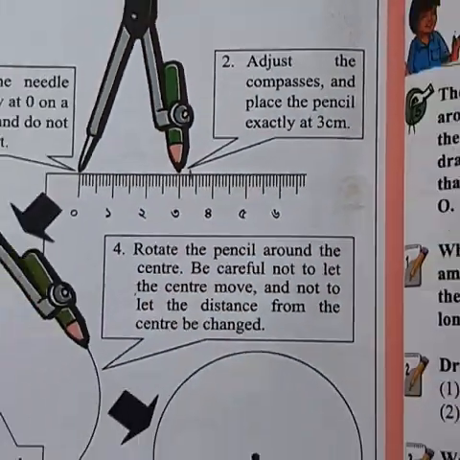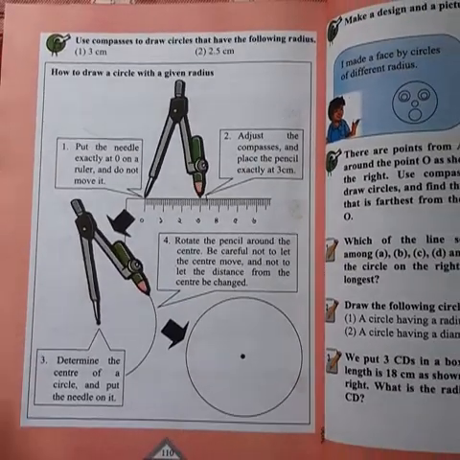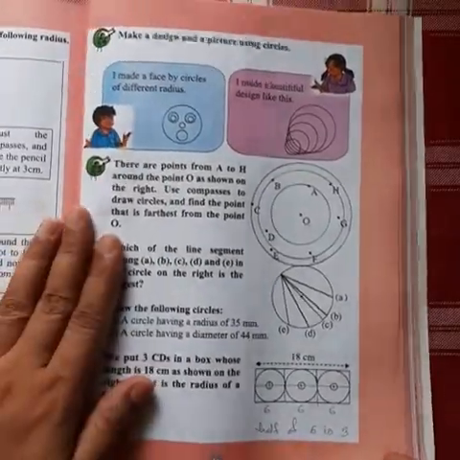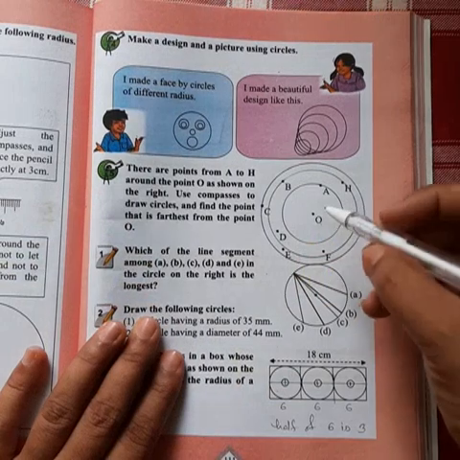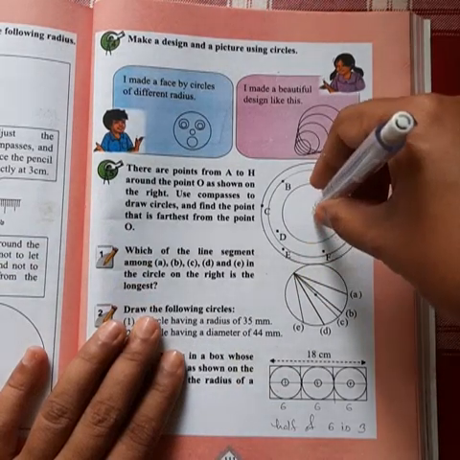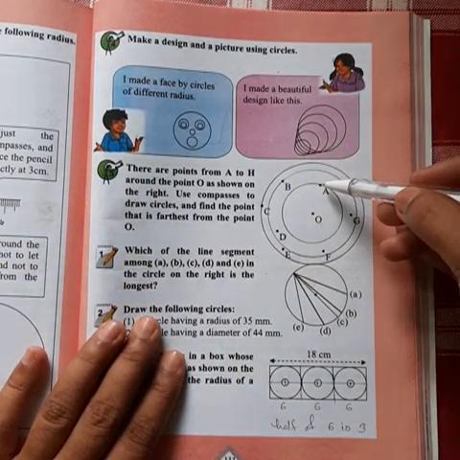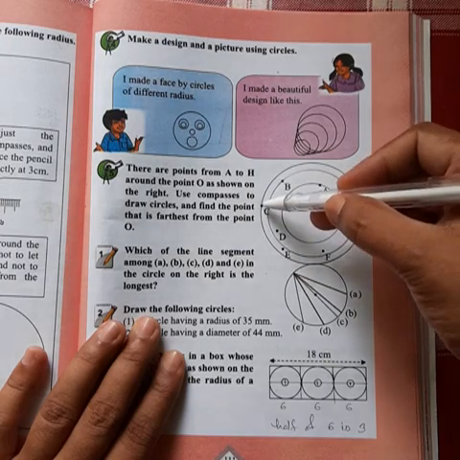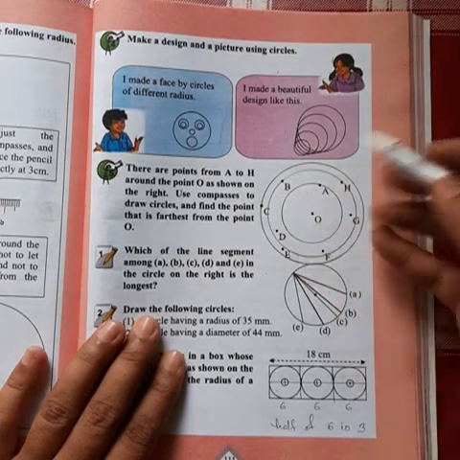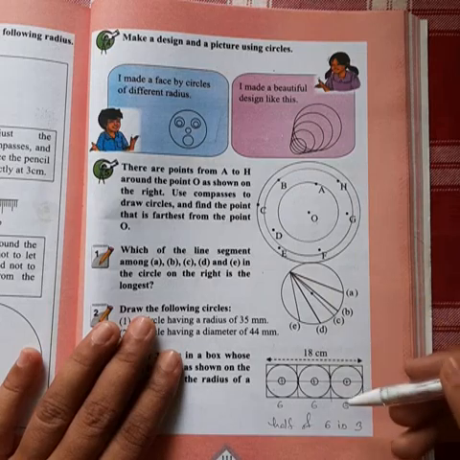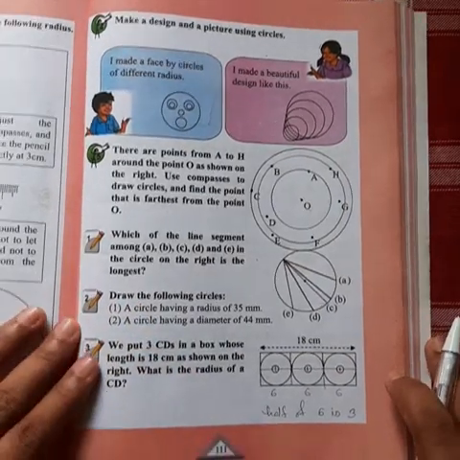And let's go to the other pages also. Here I have drawn these with center O. You can also do it by yourselves, this is just a simple game, nothing to worry about.